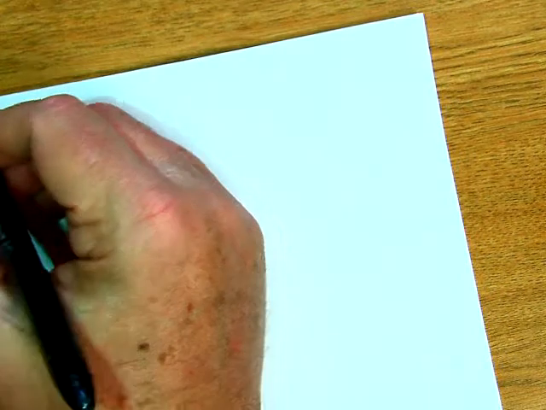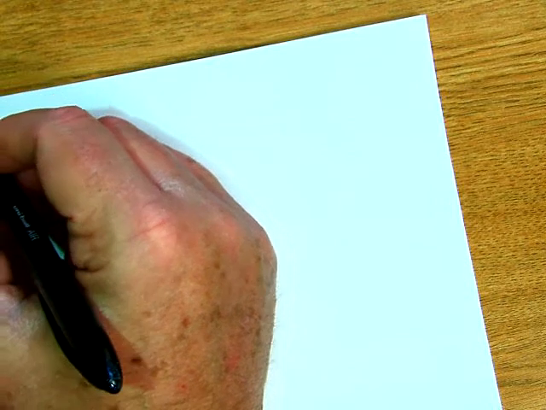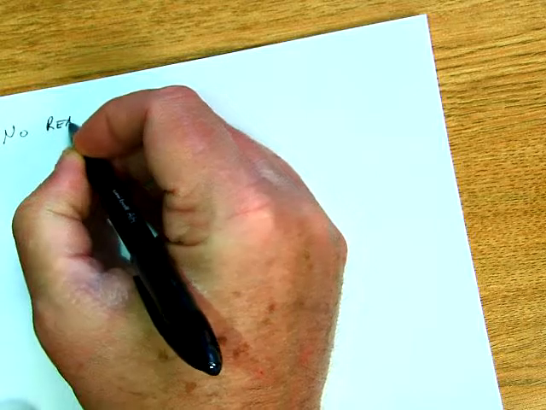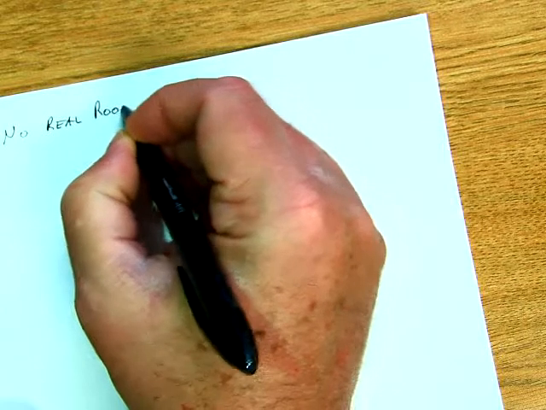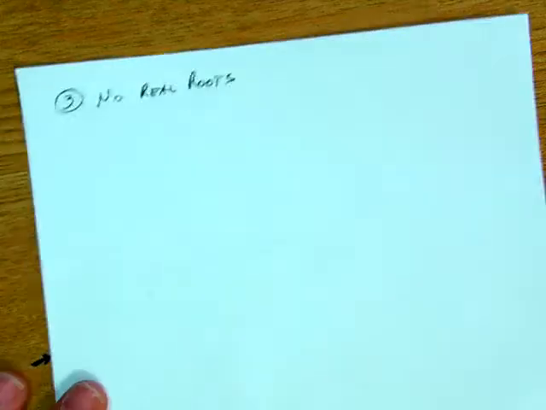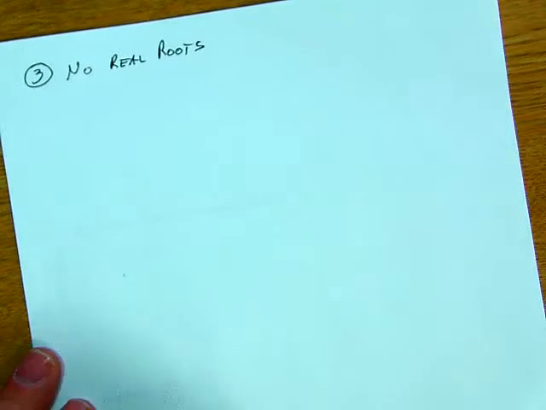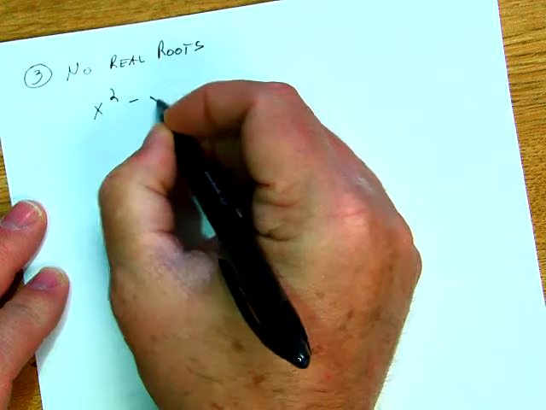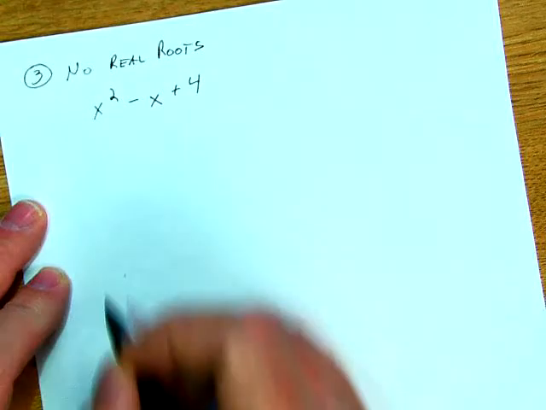Now let's take a look at the third case. That's the case where we don't even cross the x-axis at all, and that is an example of no real roots. In this example, number 3 in your book, our equation is x squared minus x plus 4.